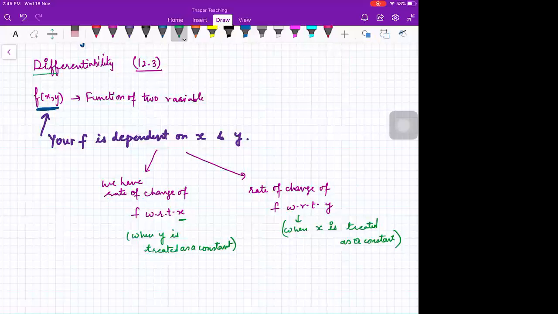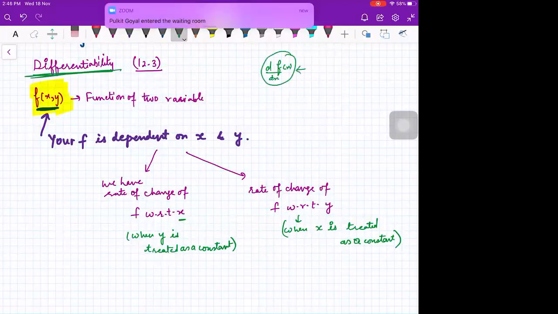So we are going to start the concept of differentiability. Suppose you have a function of two variables, f(x,y). X and y are your input variables. When you have a function of one variable only, say f of x, the derivative of f with respect to x means the rate of change of f with respect to x.